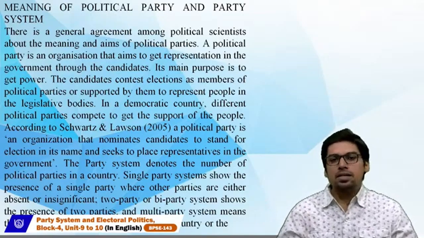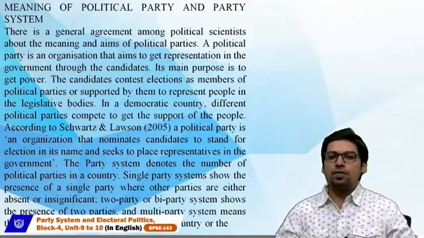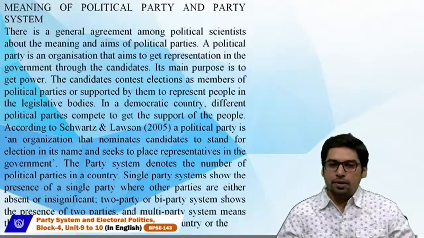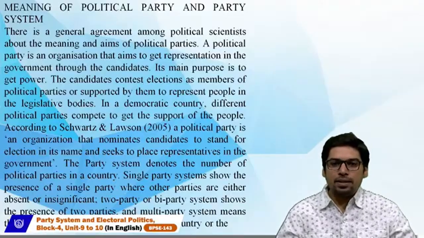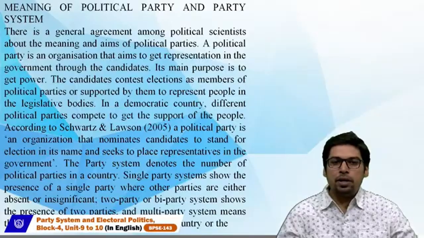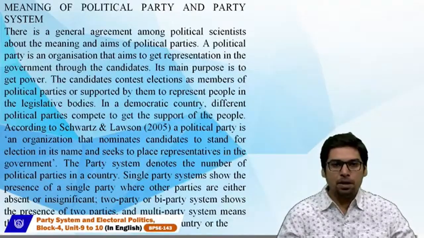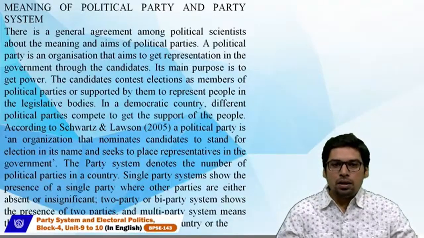The candidates contest elections as members of political parties, or are supported by them, to represent people in the legislative body. In a democratic country, different political parties compete to get the support of the people.